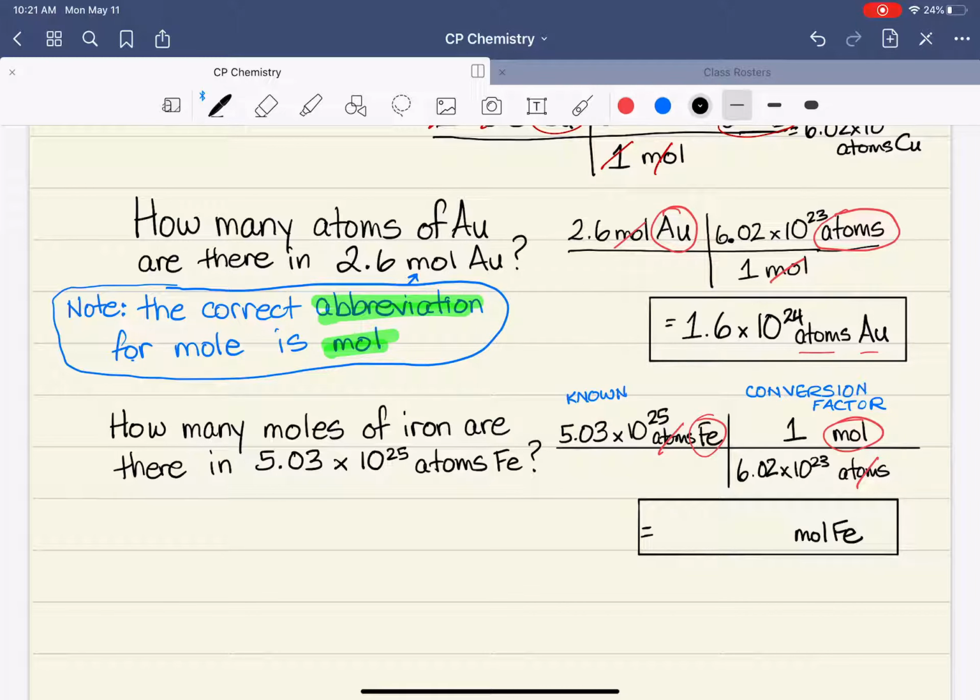All right, now I'm going to put into the calculator 5.03 times 10 to the 25th power divided by 6.02 times 10 to the 23rd power. And what I end up getting is 83.6 moles of iron. And the reason I know it's this is I am working in 1, 2, 3 significant figures. So my answer should have 1, 2, 3 significant figures.